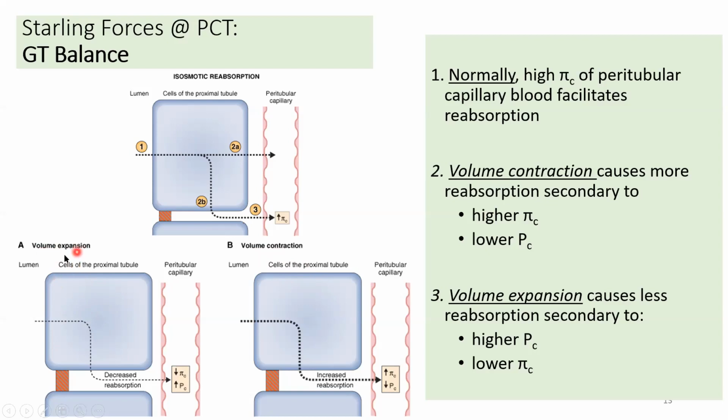So when the volume was expanded, you do your normal GFR, filtrate comes here, but check the status of the blood now. The peritubular blood has higher hydrostatic pressure and decreased oncotic pressure. Again, if you don't understand how this happened, please refer back to the Starling forces discussion in the earlier lectures and come back to this.